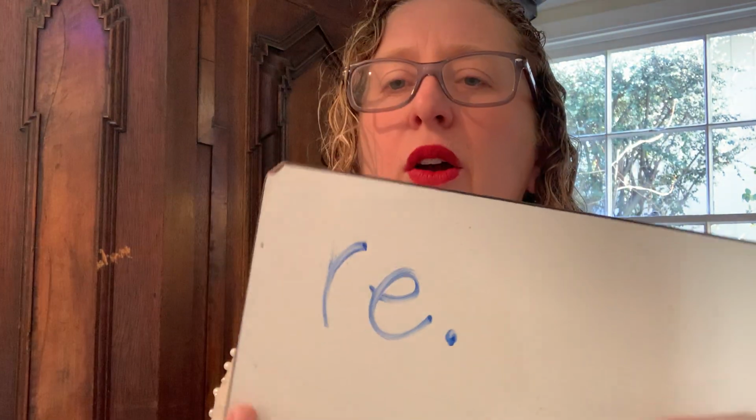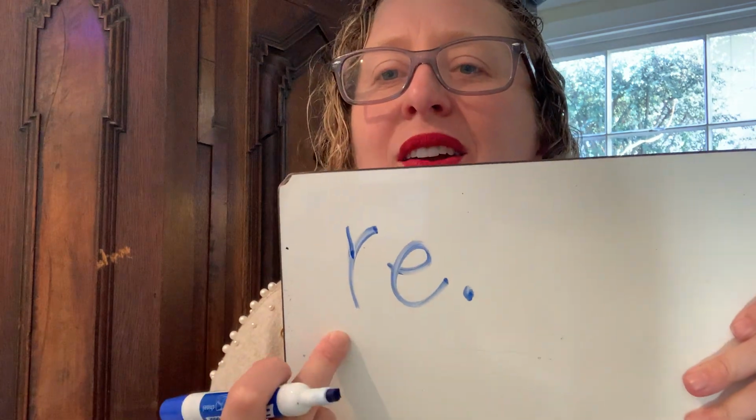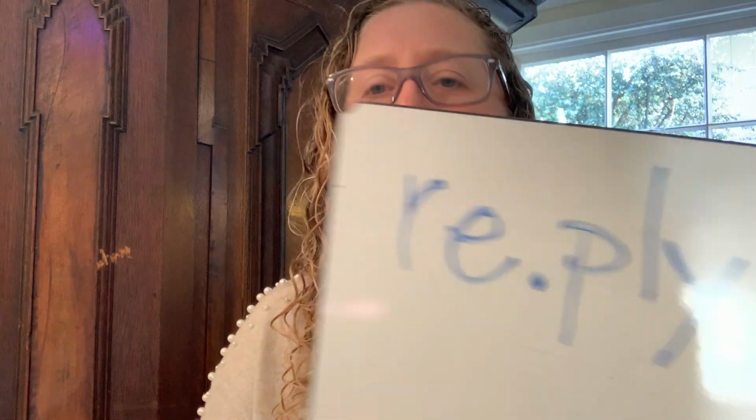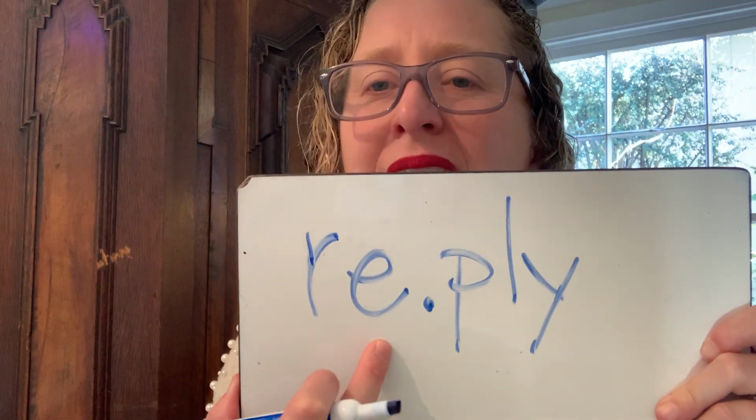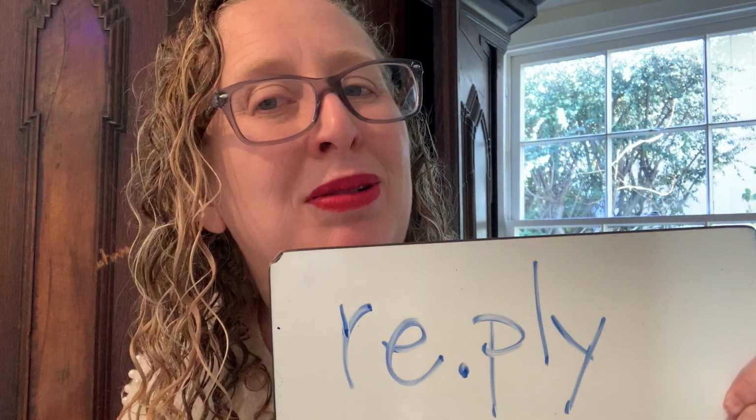All right, reading by syllables. Say it with me. Re. This is an R here. Re. Reply. Say it with me. Reply. I am going to reply to his email. Next word, first syllable.